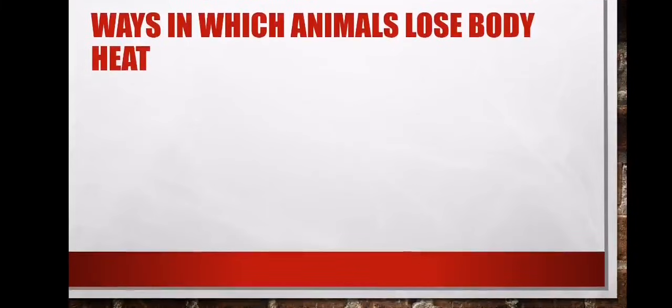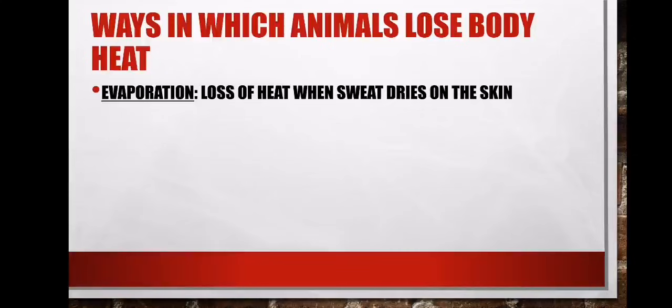Let's look at the ways in which an animal can lose heat. One, we have evaporation. Evaporation is the loss of heat when sweat dries on the skin of the animal.